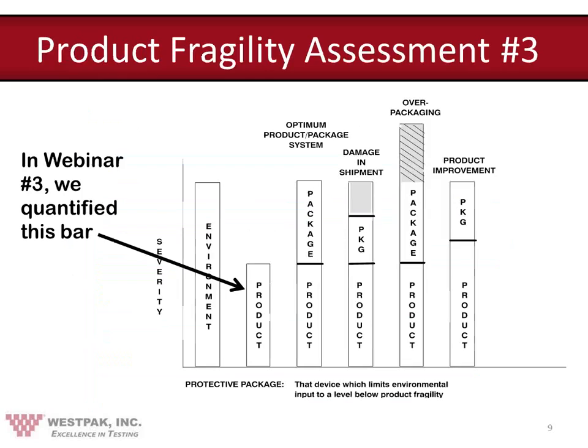You will remember this bar chart from our last webinar series. This chart was the ingenious invention of Mr. Bill Kipp, formerly of Lansmont Corporation, and true genius of our trade. During our last webinar, we detailed the process necessary to quantify each of these bars. In webinar number 3, we quantified the product fragility bar, as you see here.